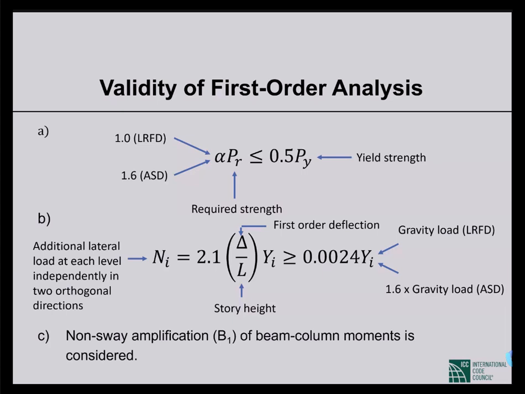Then from those story drifts we'll calculate the additional lateral load at each story level, and in the design we will also have to consider the end moments, and amplify the stresses considering the P small delta effect. So we are considering second order effects. The code compels us to do so in an indirect way, and after doing all these, we have to ensure that alpha PR is less than 50% of yield strength. In that case, we can go for first order analysis.